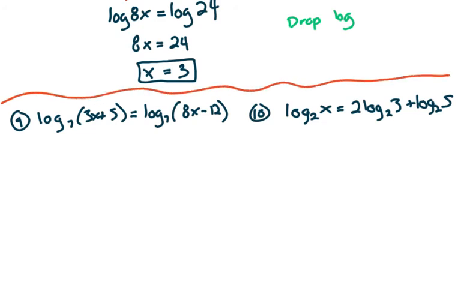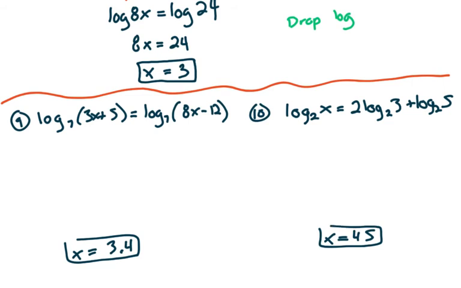And I'll go ahead and tell you what these answers should be, and then you should go ahead and try them. So we should get for 9, x equals 3.4. And for 10, we should get that x equals 45. So go ahead and pause the video and try these problems and see if you can get them.